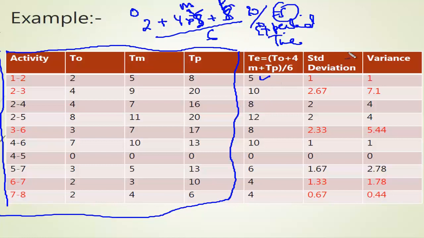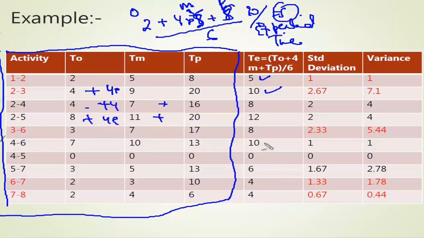Same way you can calculate all. What you have to do is 4 into 9 is 36, plus 4 is 40, plus 20 is 60. 60 divided by 6, that's going to be 10. Similarly calculate all of these, where you only plus 4 into the most likely time and plus these values. So 4 into 11 plus 20 and so on.